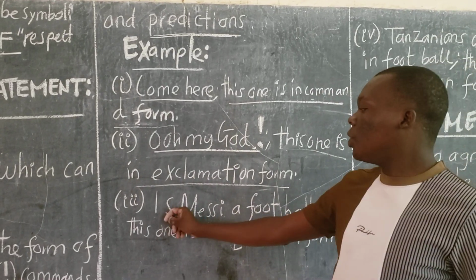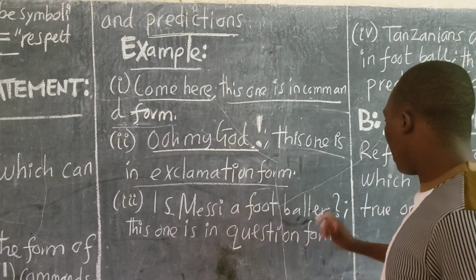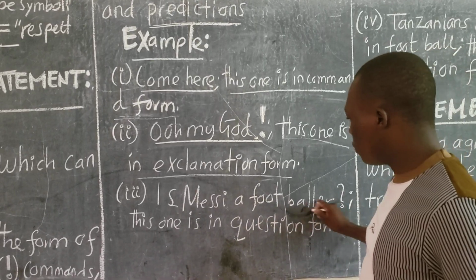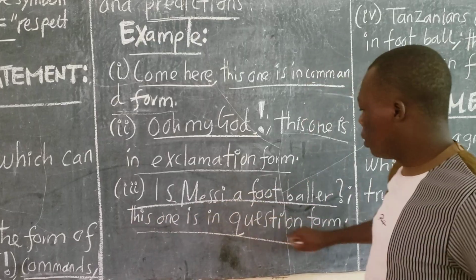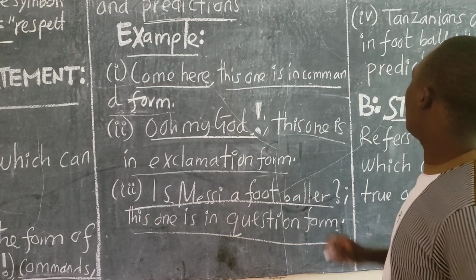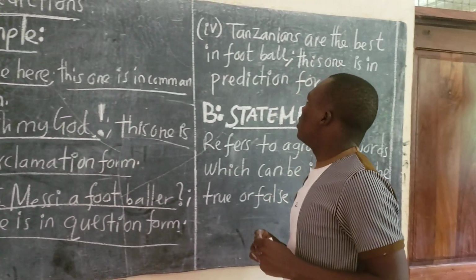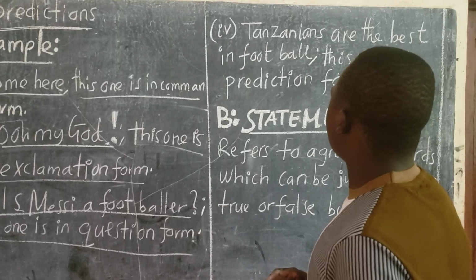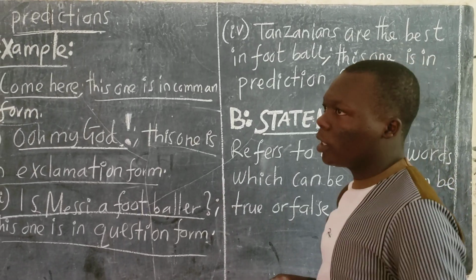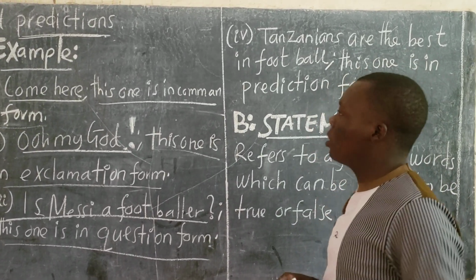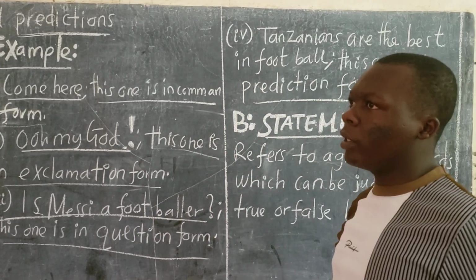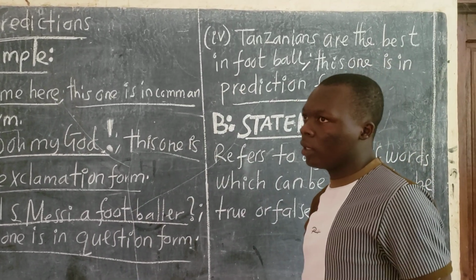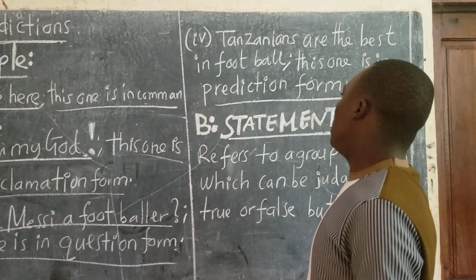Also we have "Is Messi a footballer?" This is a sentence which is in question form. Also we have a fourth example: "Tanzanians are the best in football." This is a sentence which is in prediction form.